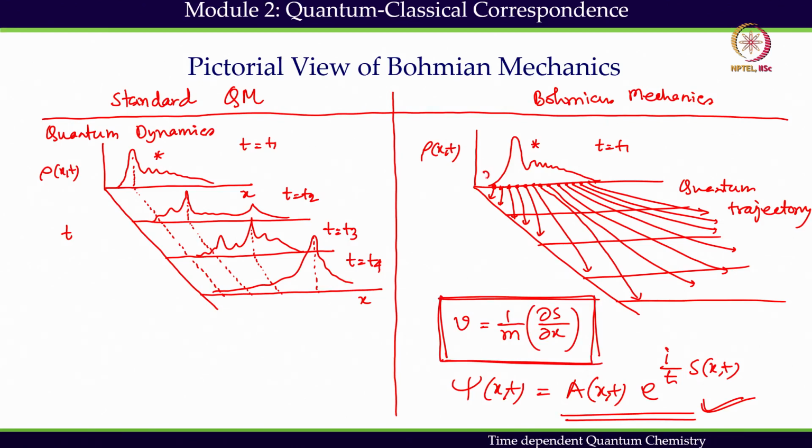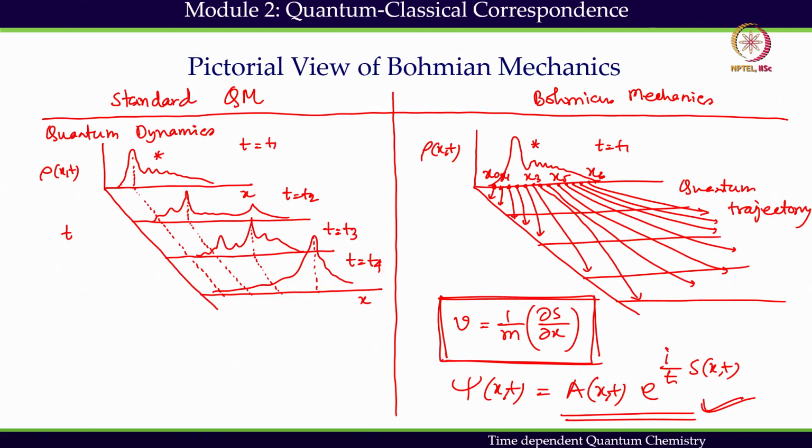So, if I start with this x0 initial position, its velocity as well as the trajectory will be different than x1 position, then x3 position, x5 position, x6 position. All these different initial positions will be giving me different trajectories. So, that is the difference between Bohmian mechanics and standard interpretation of quantum mechanics.